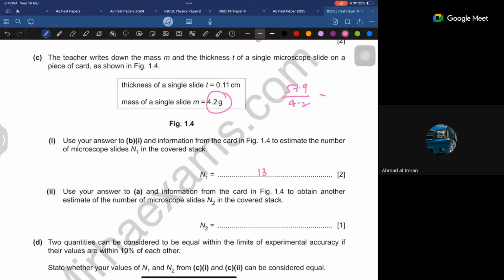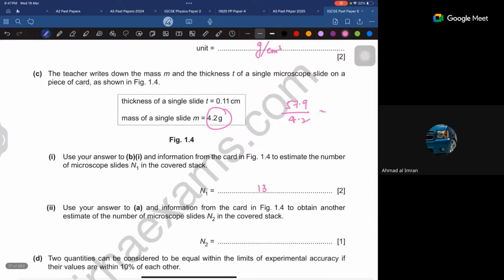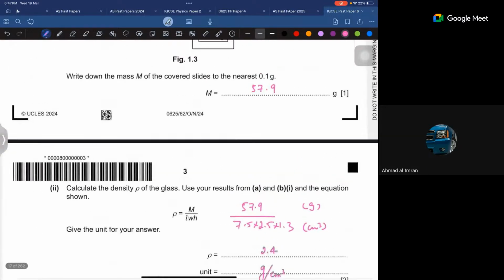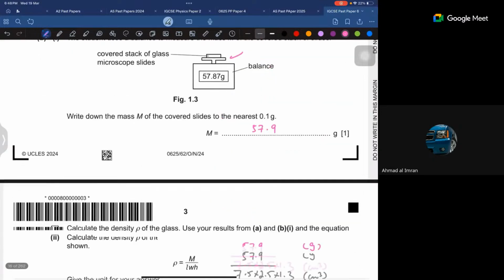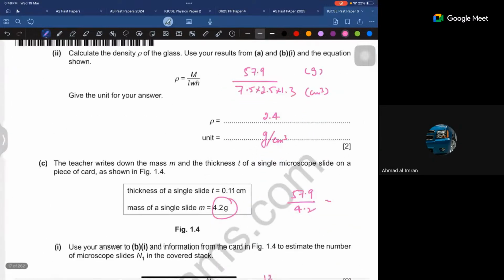Then use your answer information to obtain another estimate of the number of slides in the covered stack. In the covered stack, what do they mean by that? There is the covered stack. Okay, this is the covered stack. 57 point. We did that.